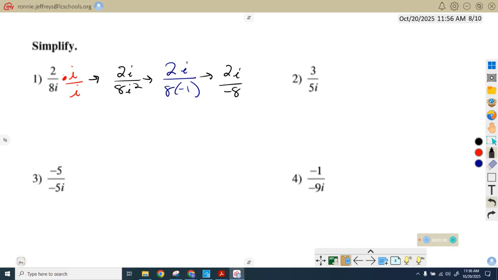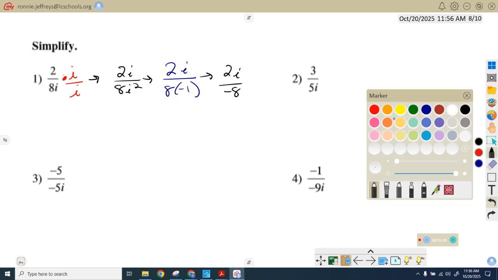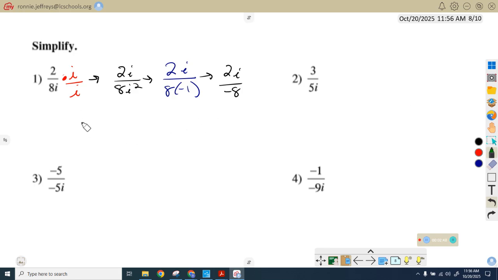Now we finally get there, but that's not how we need to leave it. We need to reduce it, so this is like 1i over -4. What's weird is that this step right here is actually all the new stuff. After this part, where we turned i squared into -1, you're literally done with all the Algebra 2 stuff. All this other stuff is Algebra 1.